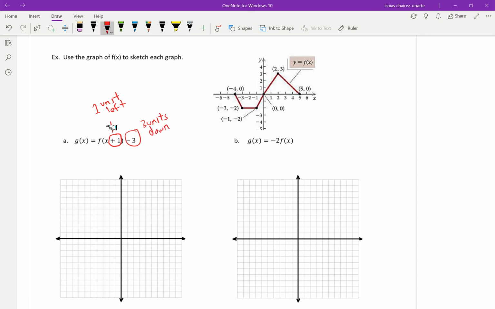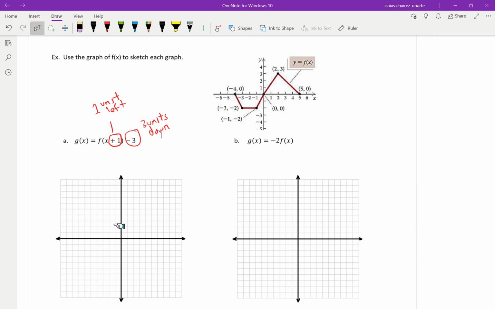Okay, so those are the 2 transformations that happen in this new function. I moved my original graph 1 unit to the left and 3 units down. Then let me track all of the points that they label for me. 1, 2, 3, 4, 5, 6 points. I'm just going to track those 6 points with my transformation, and then I'll try to sketch the graph that happened here.